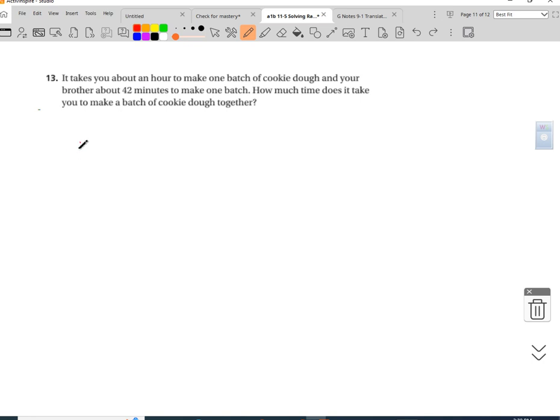So it's always going to be one job, the whole job, over the amount of time it takes one person to do it, plus the whole job over the amount of time it takes the other person to do it. And this represents the amount of time it takes to do the whole job for both of them. This is really the variable. Everything else over here is going to get plugged in.